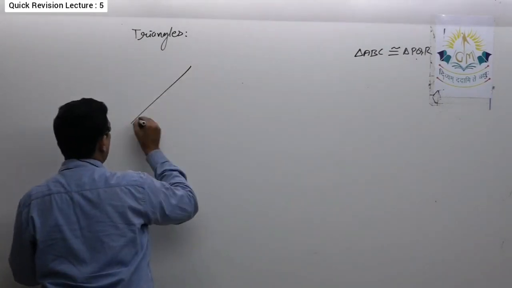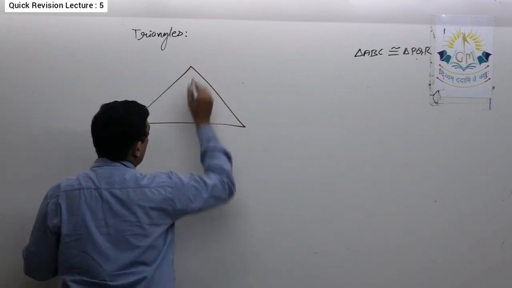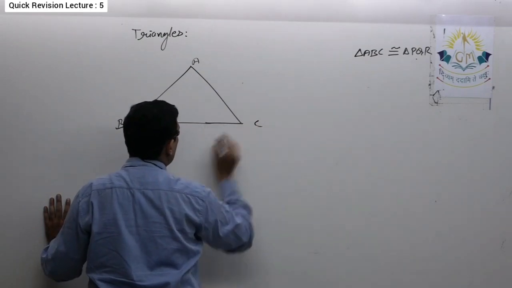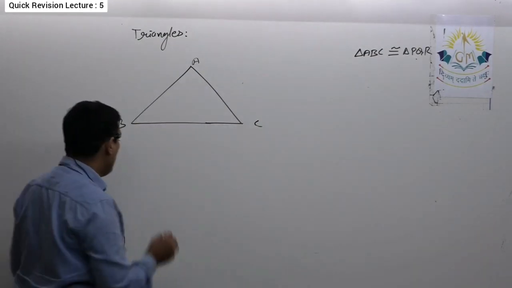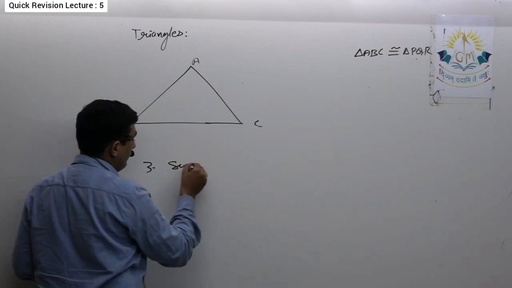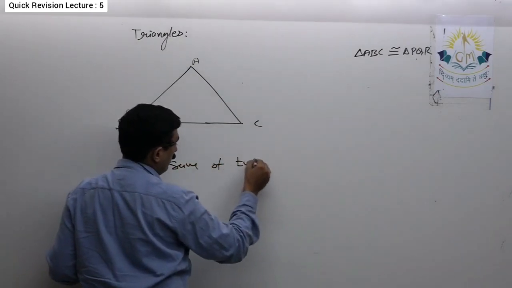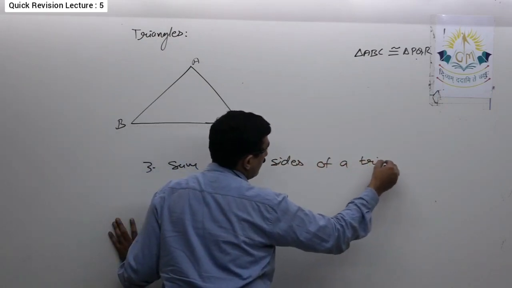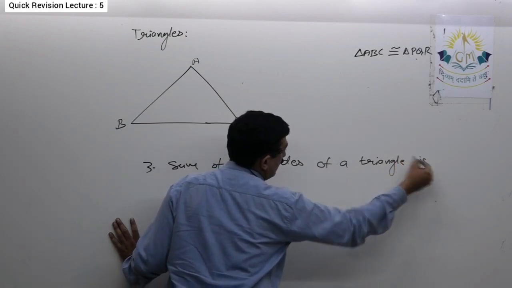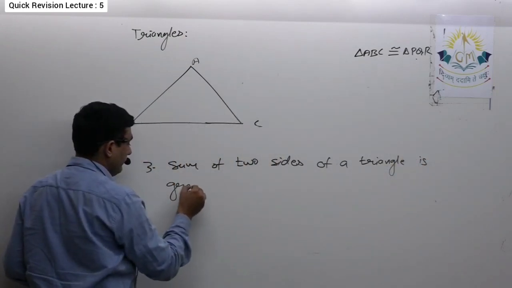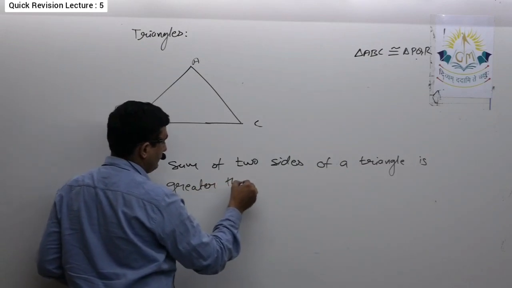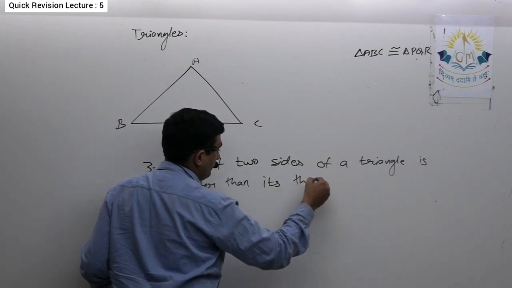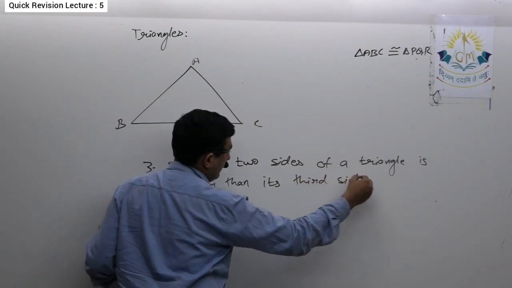If we have a triangle ABC, then according to the third theorem, the sum of two sides of a triangle is greater than its third side.